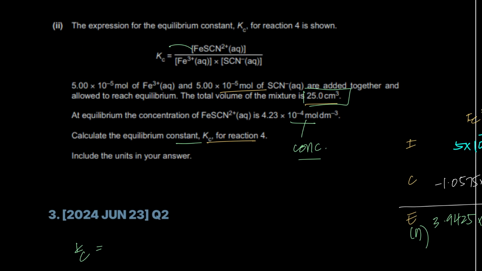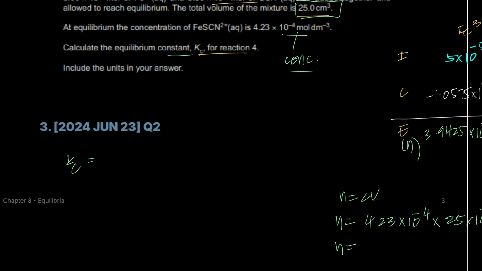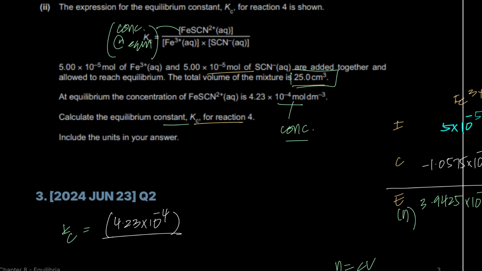These brackets also tell you that it's the concentration at equilibrium of this fella. And he's given me the concentration at equilibrium right here, 4.23 into 10 to the power minus 4. That's the concentration, raised to the power 1, obviously. And then what's the concentration of the other two fellas at equilibrium?